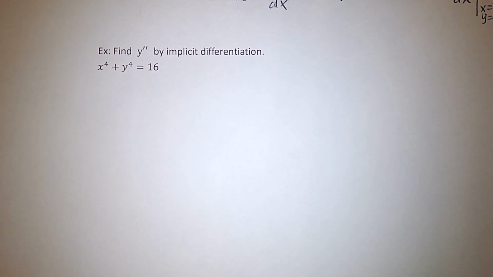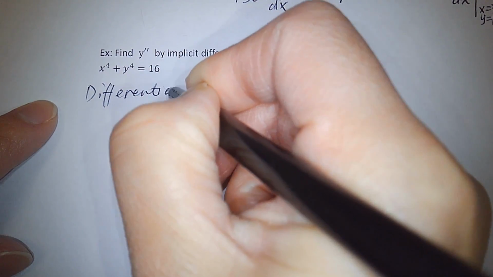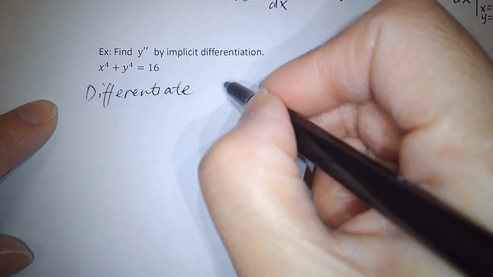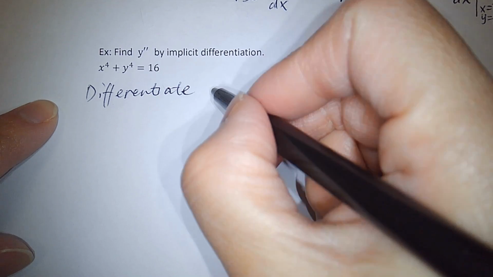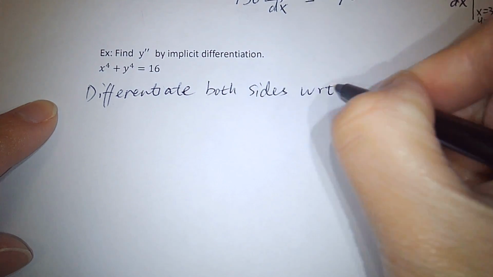So by using implicit differentiation, first we're going to do what? Differentiate this equation from both sides with respect to x.